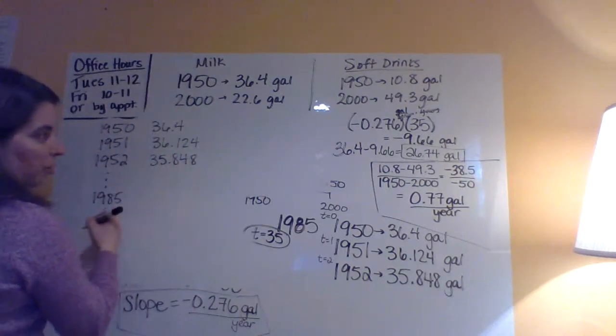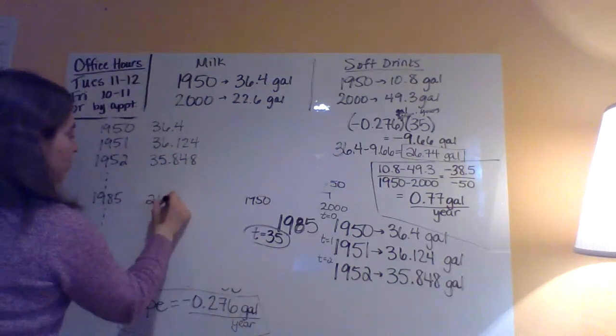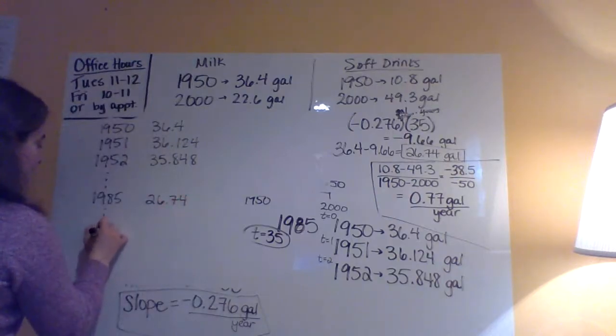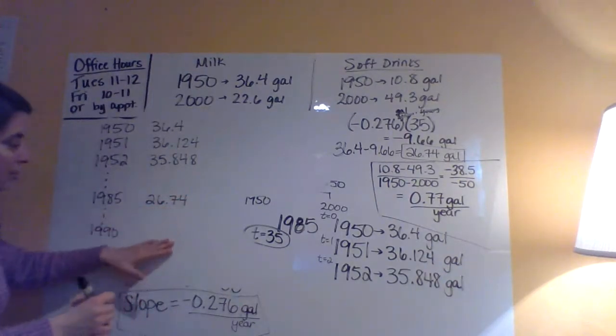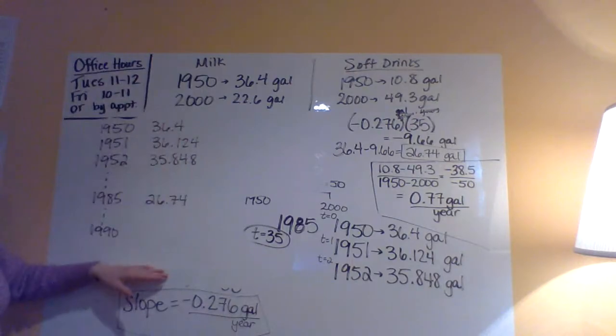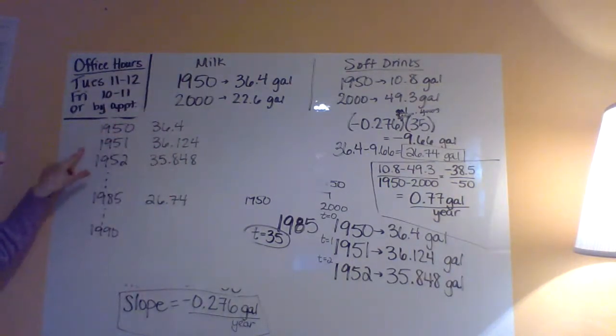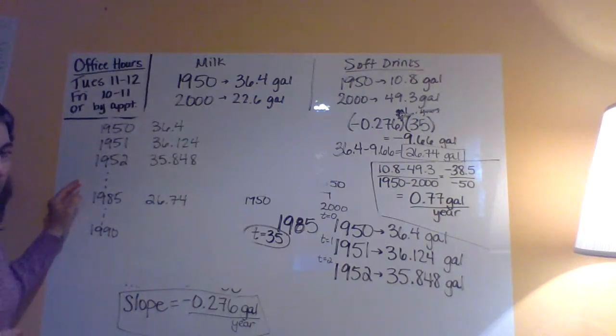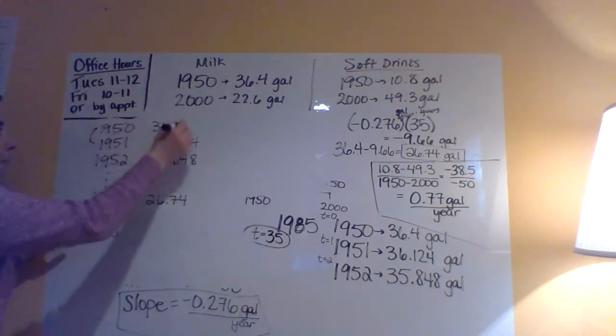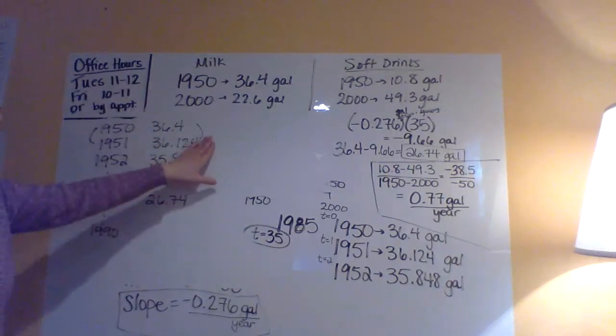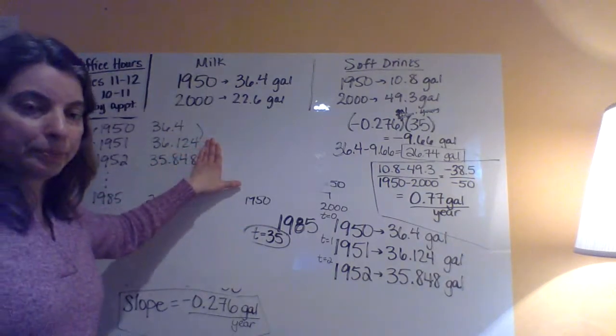Right here it's, what did we say, 26.74. If we tried 1990, it would be even less, right? 2000, we'd be down to 22.6. So you can see that trend and that linear requirement, which is that every time this goes up by a year, this goes down by 0.276.